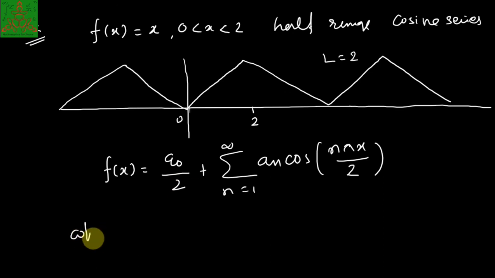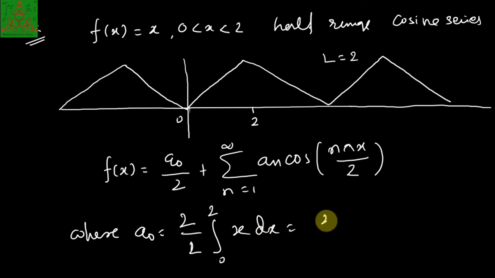Now what is your a0? a0 is 2 by L, which is 2, integral 0 to 2 of f of x, which is x, dx. So it is x square by 2. The limit is 0 to 2. It will be 4 by 2. So finally you will have 2.